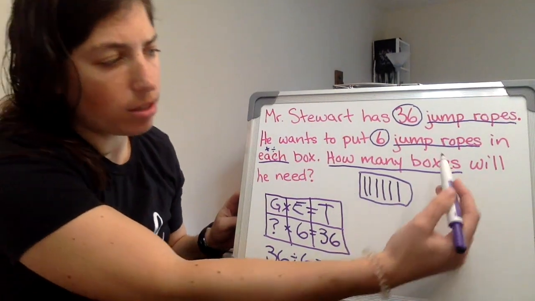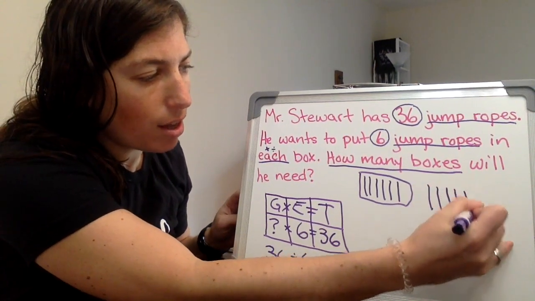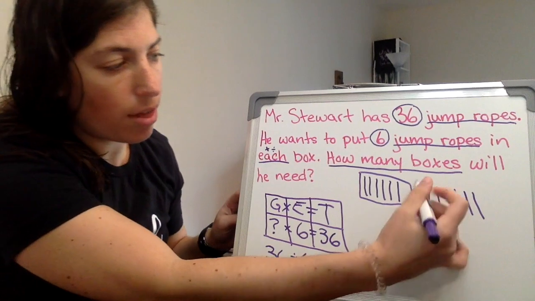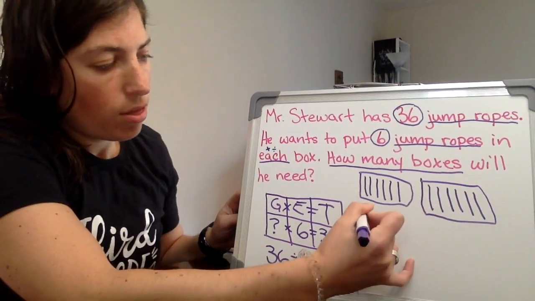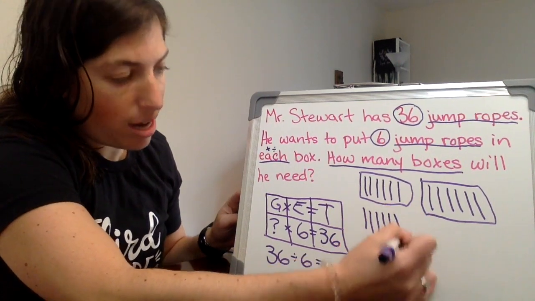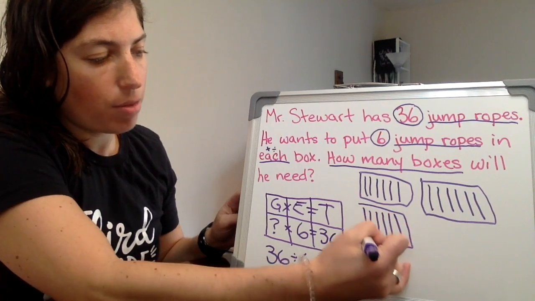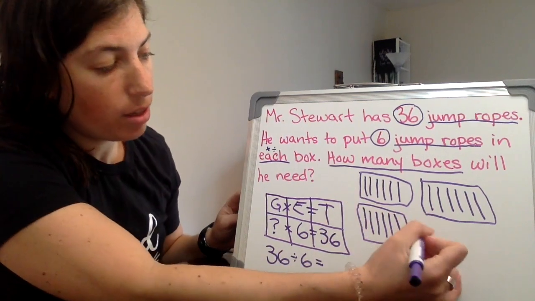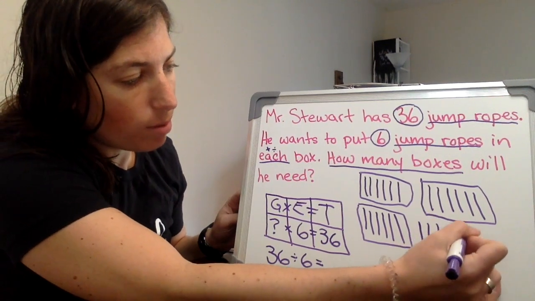So there's 6, 7, 8, 9, 10, 11, 12. There's another 6. 13, 14, 15, 16, 17, 18. There's another 6. Still not up to 36, so I need to keep going. 19, 20, 21, 22, 23, 24.